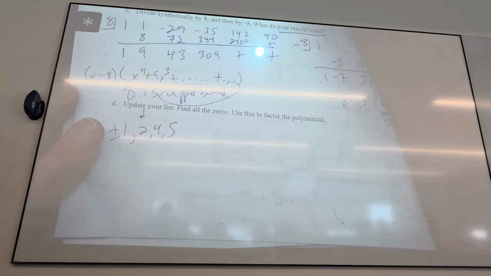That doesn't work. Oh, I think this works. Yes, I found one that works.